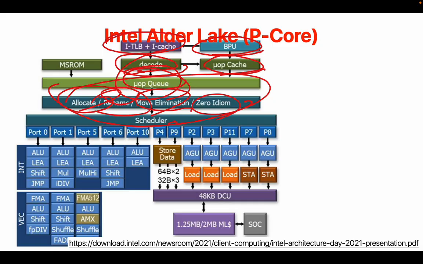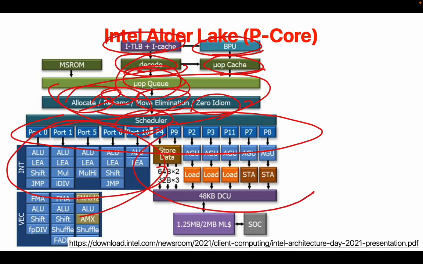After we have done this, there's a scheduler. And as you can see, the scheduler is able to issue instructions to multiple ports of pipelines. In Intel's latest generation, the Alder Lake processor, they have 12 ports, meaning that I can issue 12 instructions in the same cycle. Five of them are ALU ports, and seven of them are memory ports.